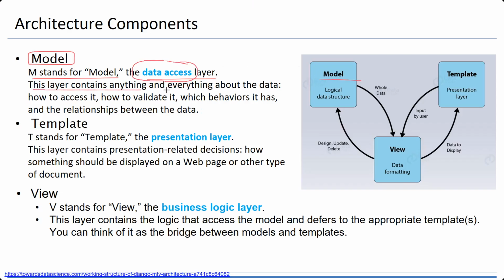This layer contains anything and everything about the data: how you create the data, save it, update it, or maybe delete it, how to access it, how to validate it, what behavior it has, and the relationship between the data. We put all of them into the model.